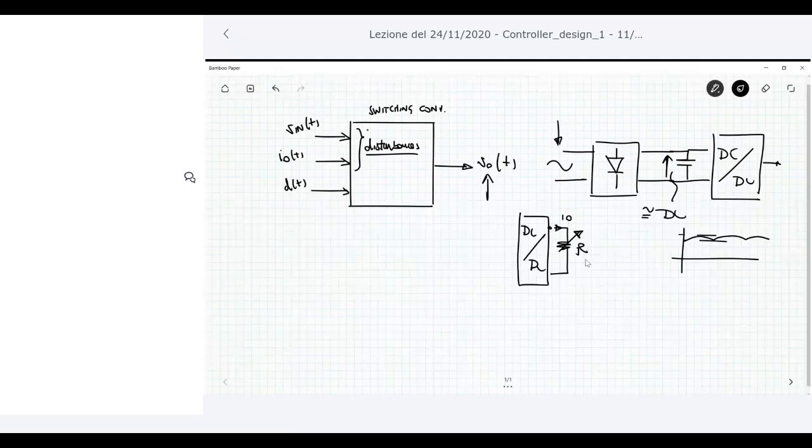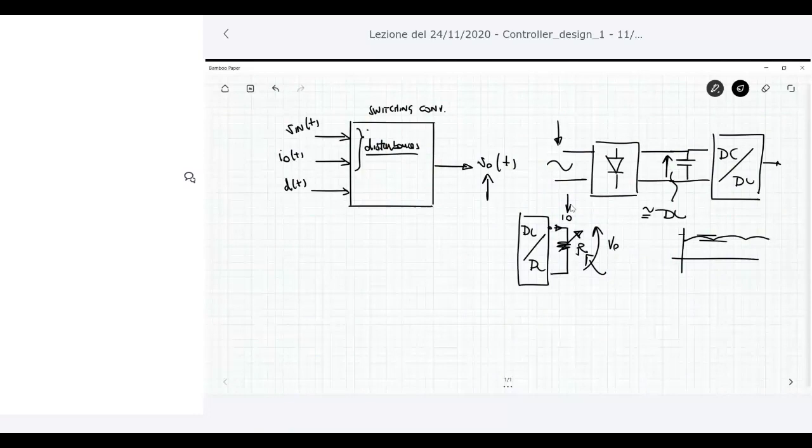But whatever resistance you have as a load for your converter, you want to have the same output voltage. So the variation of the current should be minimized. So I can regard V in and I naught as disturbances. To me, their effect on the output voltage has to be minimized.